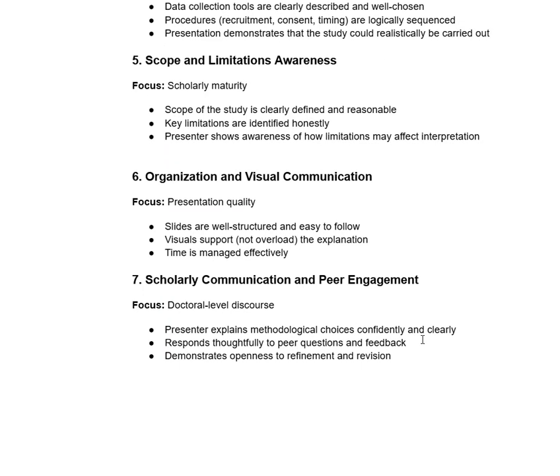And then your organization and visual communication of what's going on, because that's important to be able to do. And your scholarly communication and peer engagement when questions are asked.